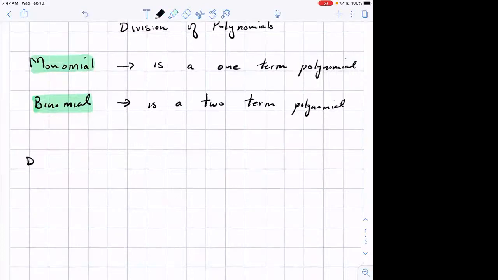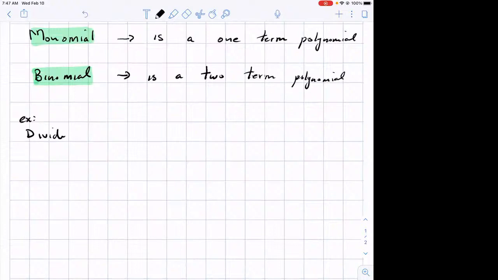Suppose I ask you to divide, let's say we have 25x to the 7th minus 15x to the 5th plus 35x cubed.